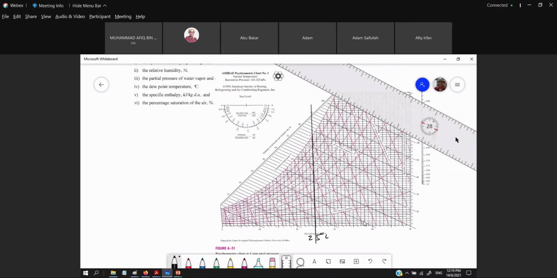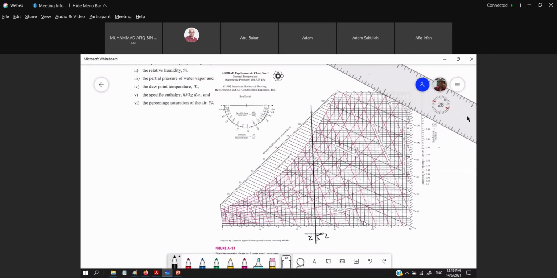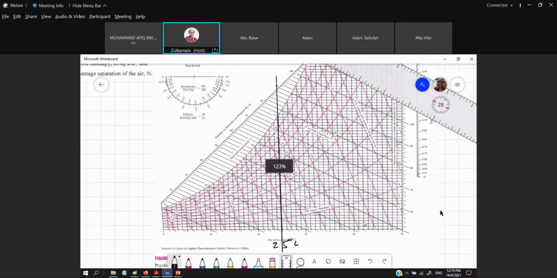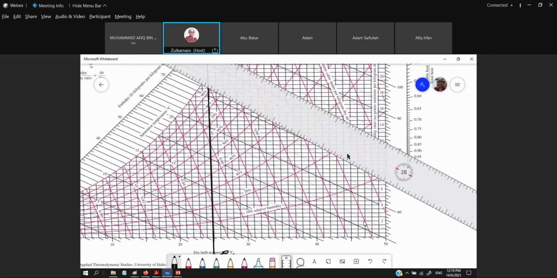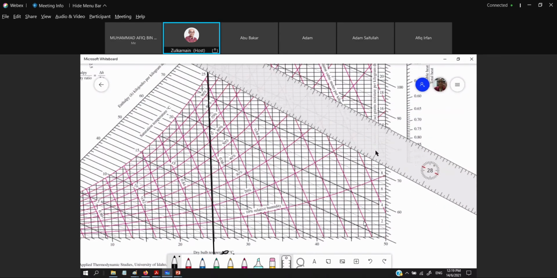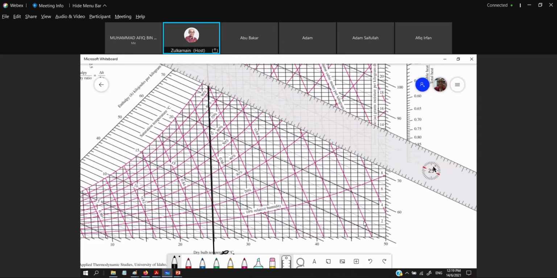So let us look where is the line of wet bulb. Okay, the dotted line is the line for wet bulb. So let me get that. Okay, this seems to be good.